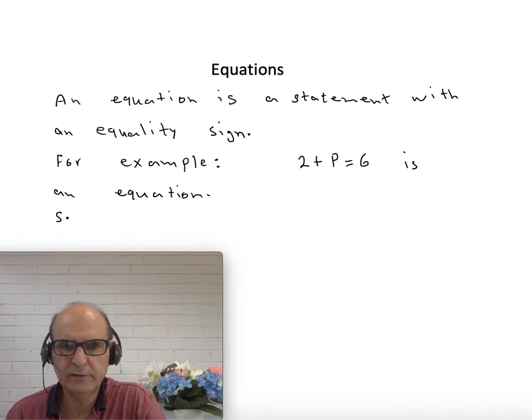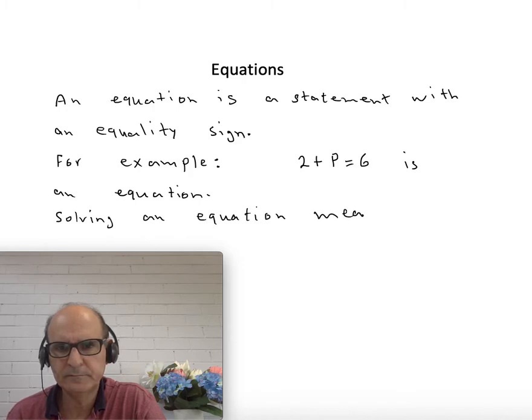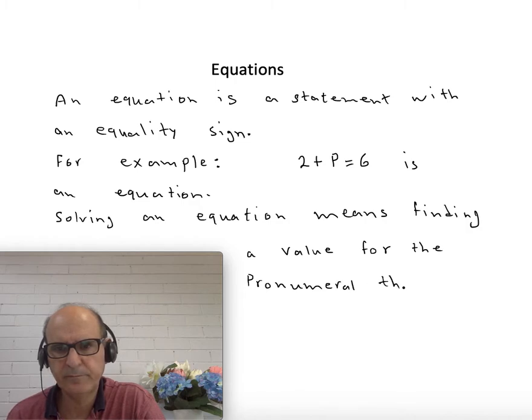So solving an equation means finding a value for the pronumeral that makes the equation true.